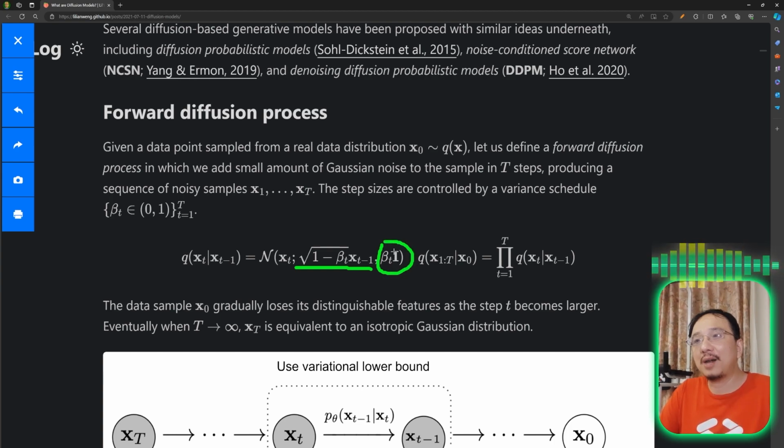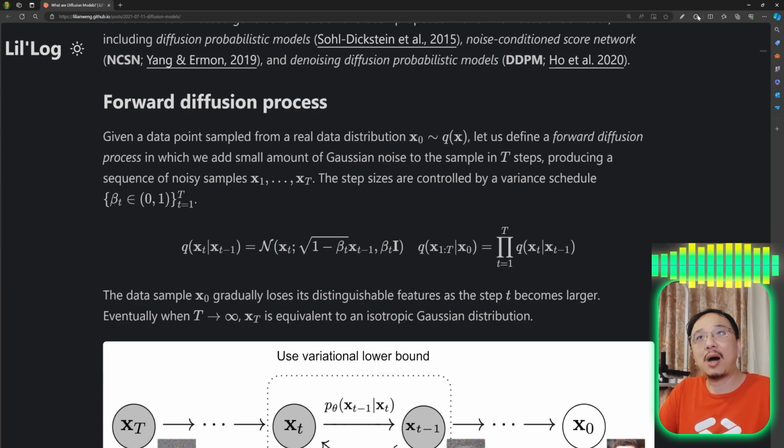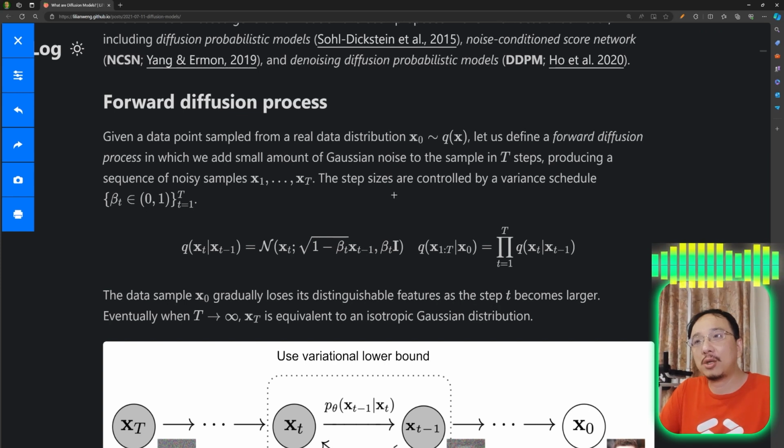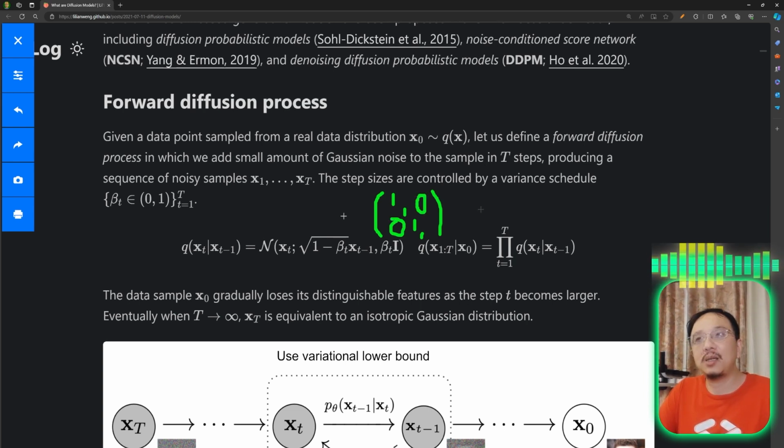Note we have a capital I here. Capital I is the identity matrix, which is a matrix that has only ones on the diagonal, and otherwise every component in this matrix is just zero. In general, a multidimensional Gaussian distribution may have correlation between different components.